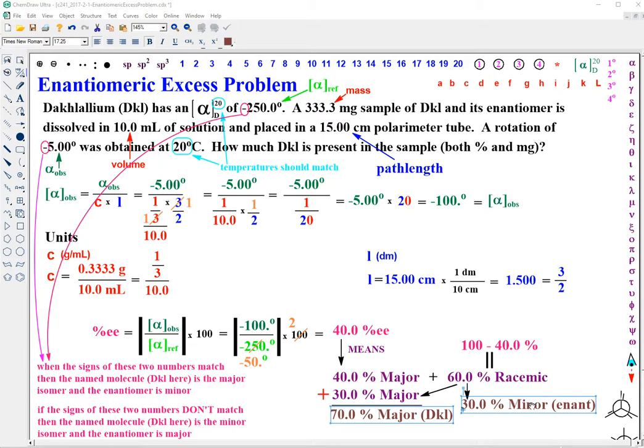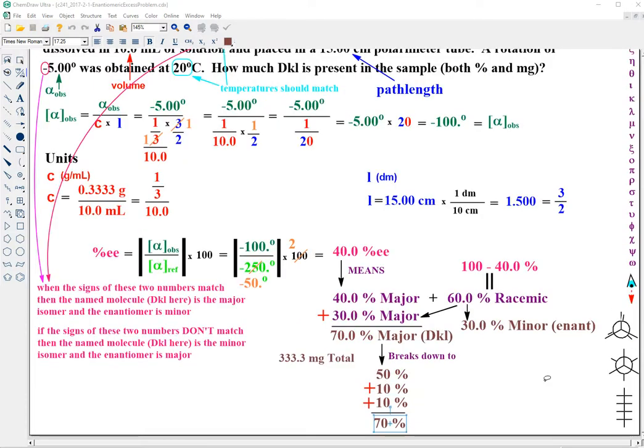Our last job is to convert, without a calculator, 70% into milligrams, keeping in mind the total was 333.3 milligrams. This is easier than you think. 70% can be broken down to 50% plus 10% plus 10%. The hardest part of that is figuring out what is 50% of 333. With a little work and no calculator, 166.7. The easier math is the 10%.